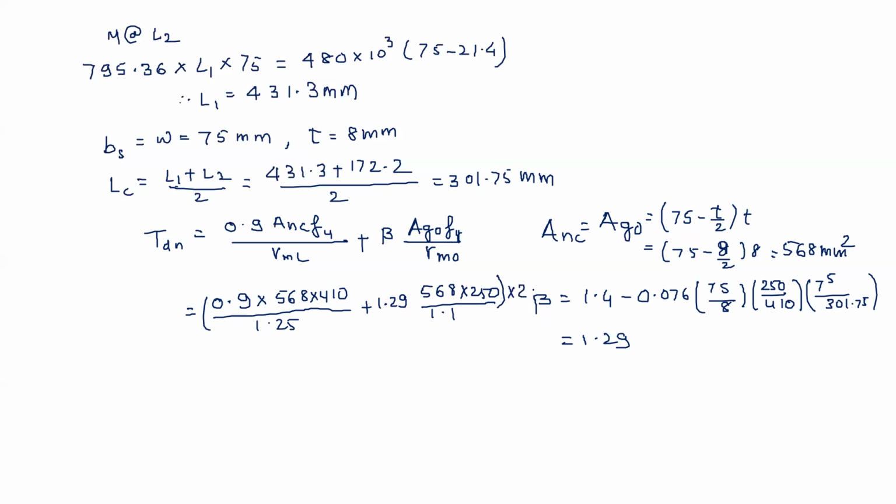So I will just calculate 568 into 410 over 1.25 plus 1.29, 568 into 250 over 1.1, into 2. That gives 668.4 kilonewton, which is greater than 480 kilonewtons. Therefore, safe.